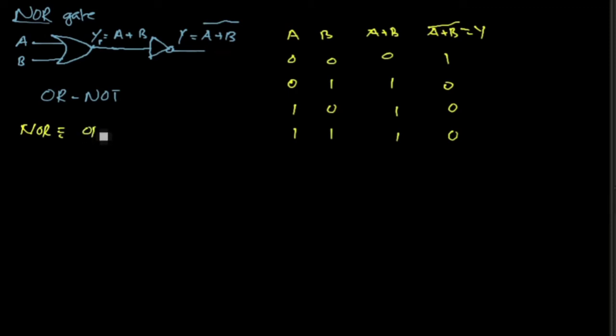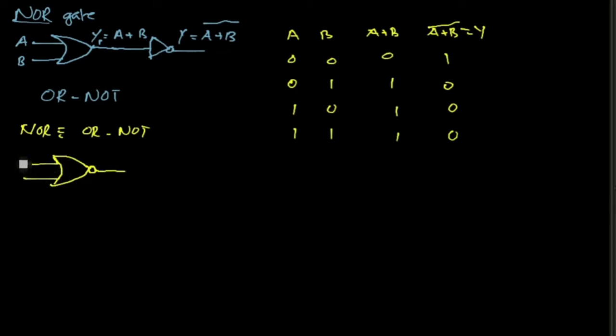So the NOR gate is the combination of an OR and a NOT gate, whose truth table is given like this. The Boolean expression is Y is equal to A or B all complement, and the single symbol which can be used to represent a NOR gate is the symbol of an OR gate followed by a circle.